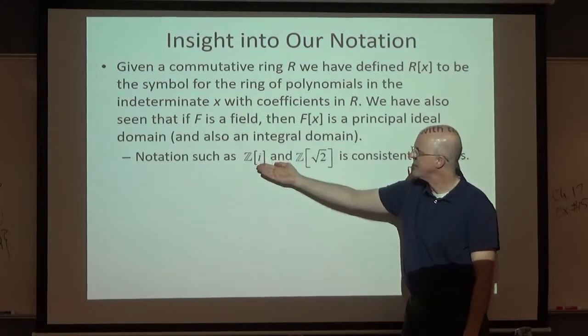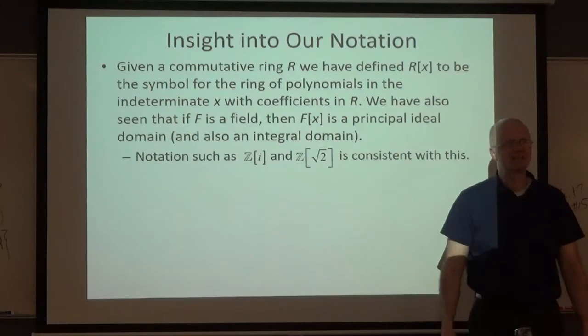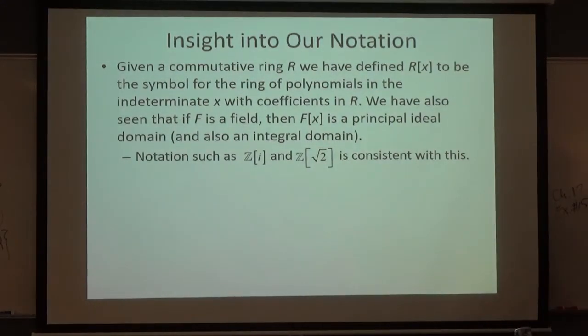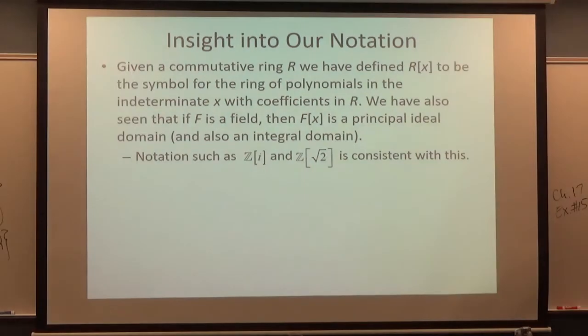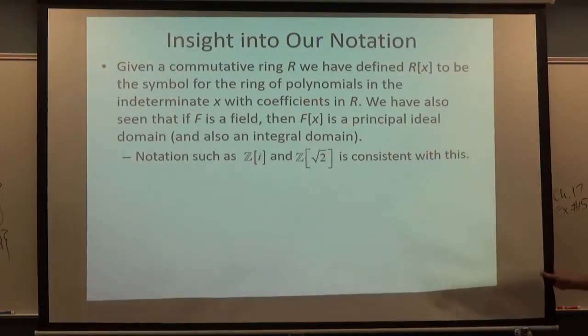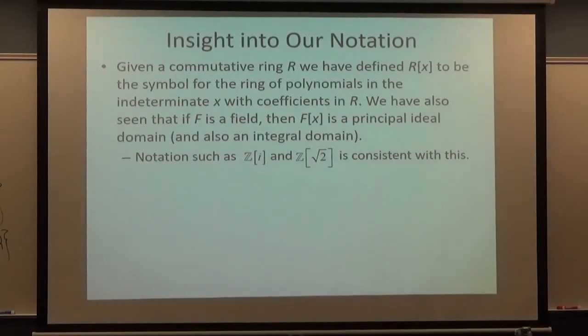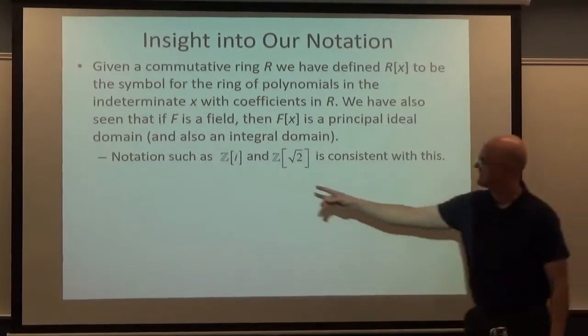Is i the indeterminate? Well, yes, it is, though i has extra meaning. When you write out a polynomial in i, where i is the imaginary unit, you can always simplify it down to the simpler form. This, by the way, is the Gaussian integers.